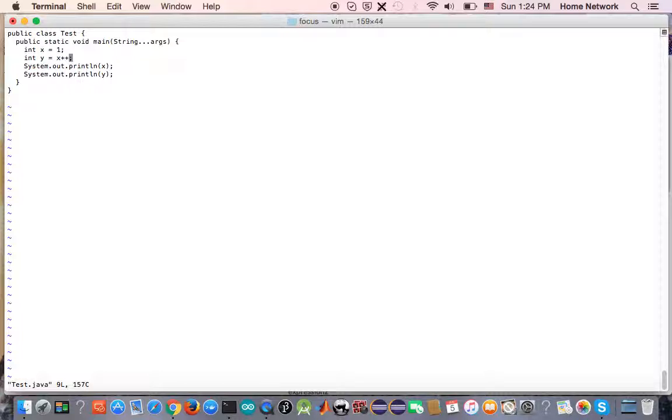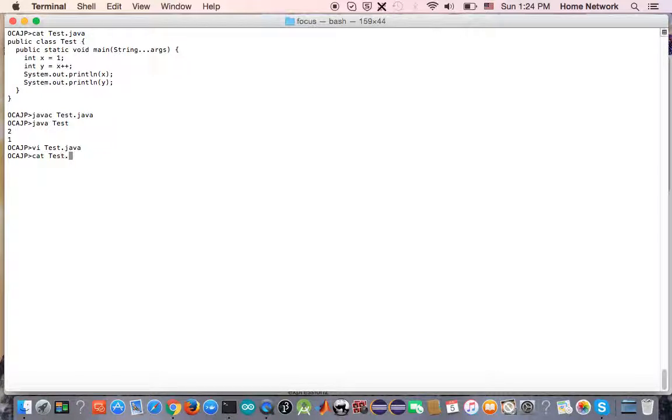Instead of using x++, we use ++x instead. What happens is, here we first increase the value of x, then we assign the value of the increased x to y.